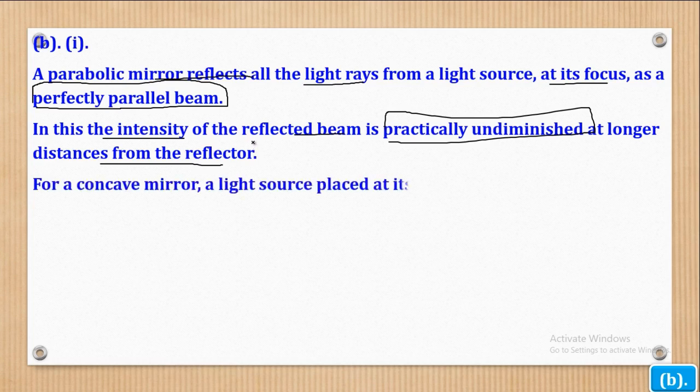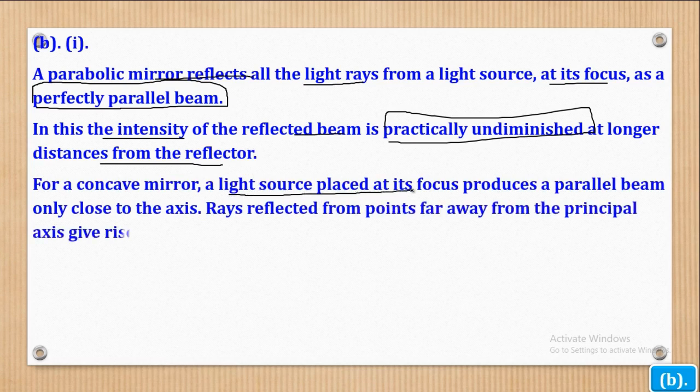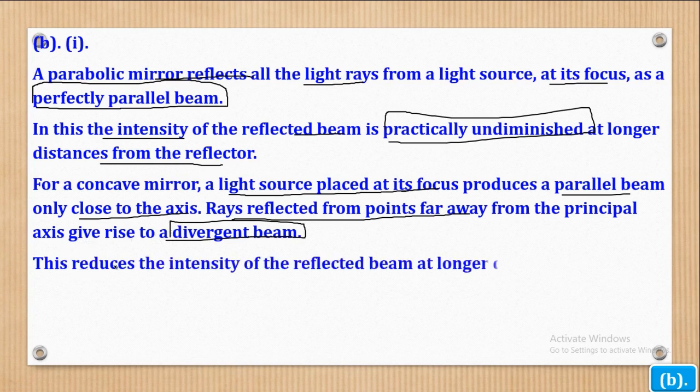What about a concave mirror? For a concave mirror, the light source placed at its focus produces a parallel beam only close to the axis. What does that mean? It means that rays reflected from points far away from the principal axis give rise to a divergent beam. So when the beam is divergent, it means that the intensity of the reflected beam reduces at longer distances from the reflector.